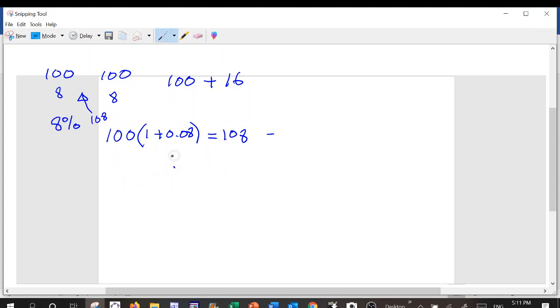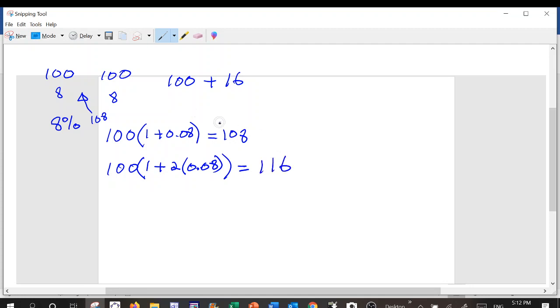But in the second year, you don't want to charge me interest on top of interest. So to calculate 2 years of interest, you take 100 and charge me for 2 years of that much interest instead of 1 year. You get 100 plus 16% of 100, which is 116.